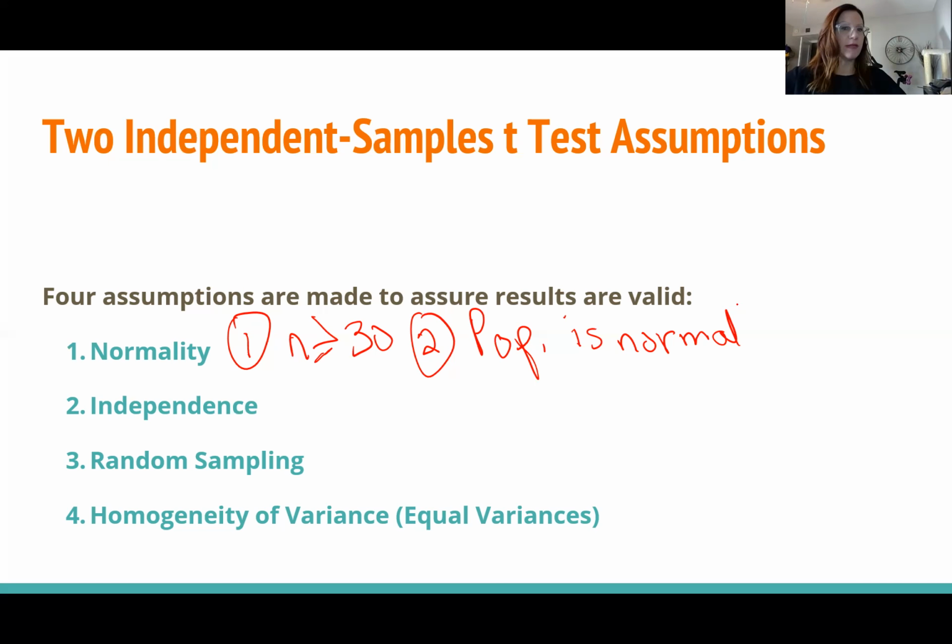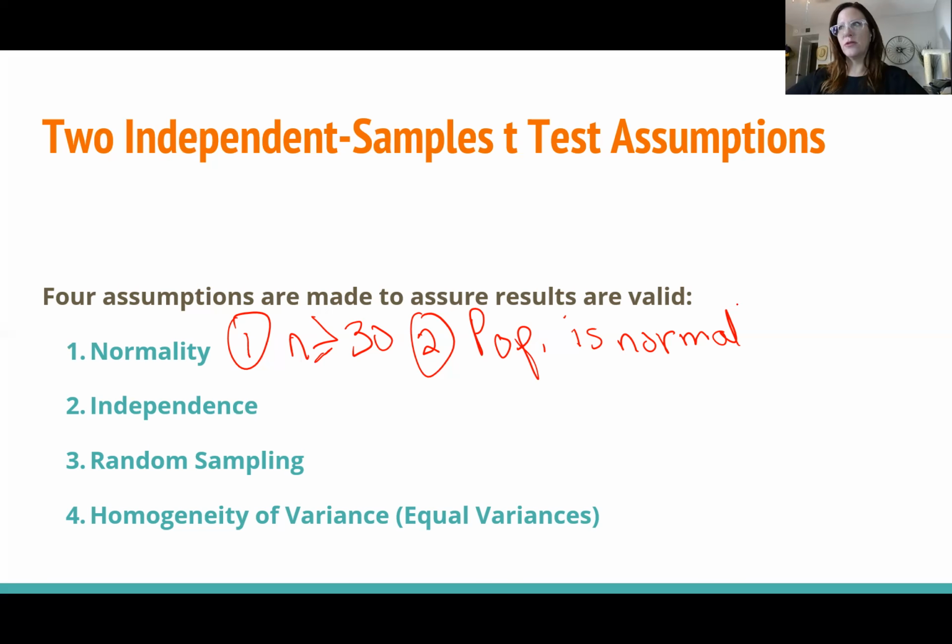Third is random sampling. With this one, you might have difficulty telling whether you've met this assumption unless you read through the research scenario. Most of the time I'll state that 15 people were randomly assigned to this group and 15 were randomly assigned to the next group. That would assure random sampling. There might be times that you get a hypothesis test or a research scenario where I don't make any statement about random sampling.